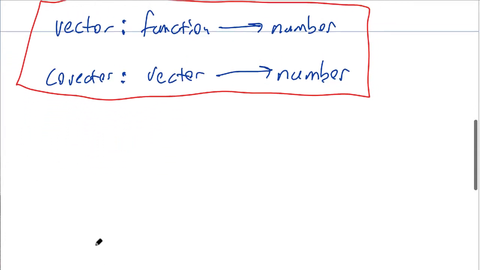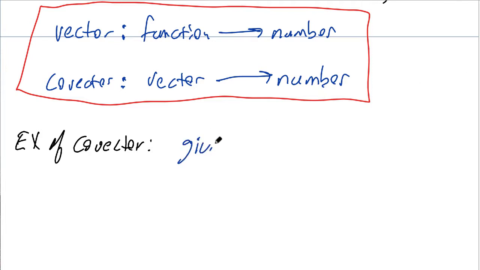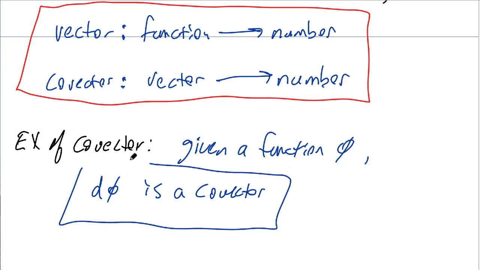Let me give you an example of a covector. Given a function, say call it phi, then d phi is a covector. Now this symbol d is sometimes referred to as the differential.